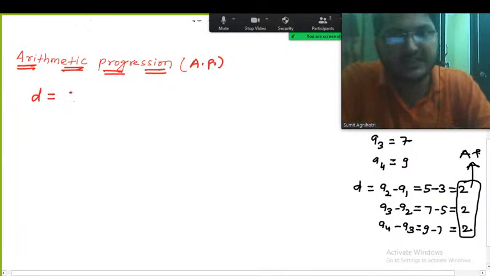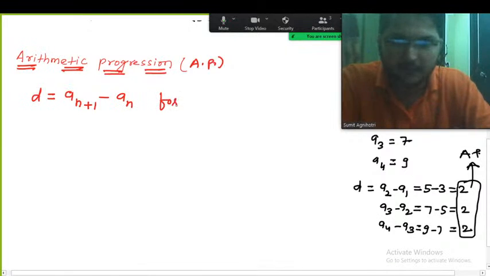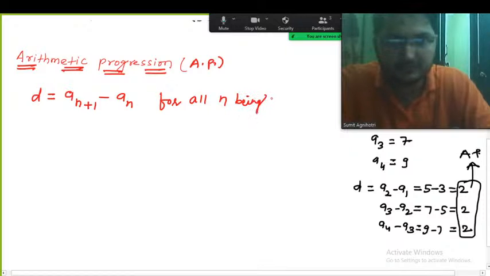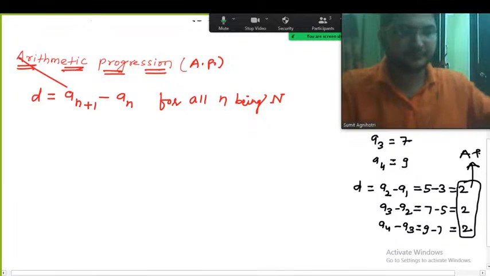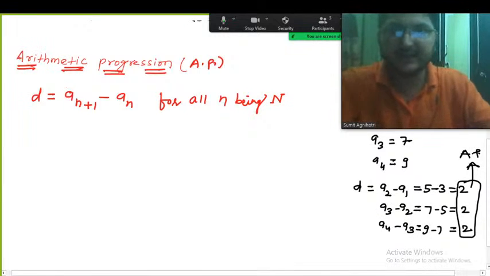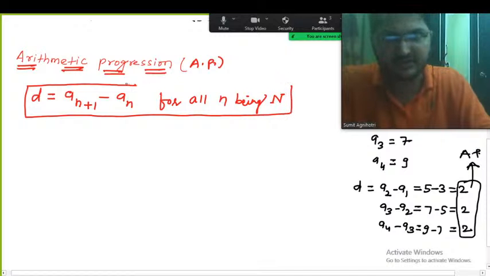And here common difference can be generalized for all natural numbers like this: a(n+1) minus a(n), for all n being natural number. It is generalized for all natural numbers.